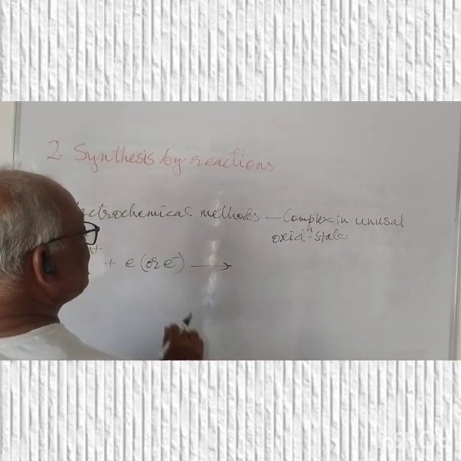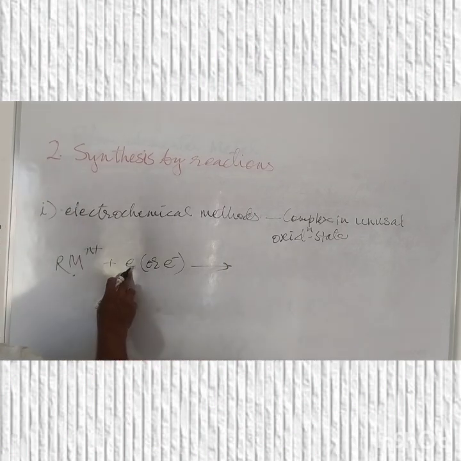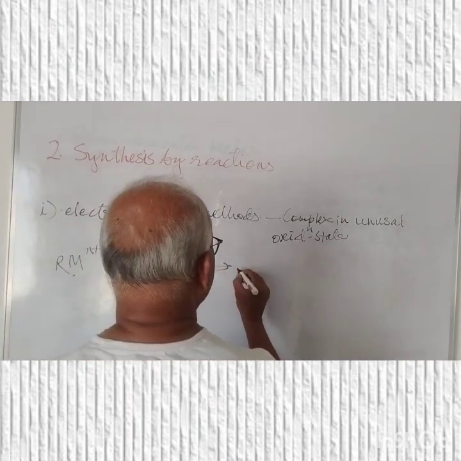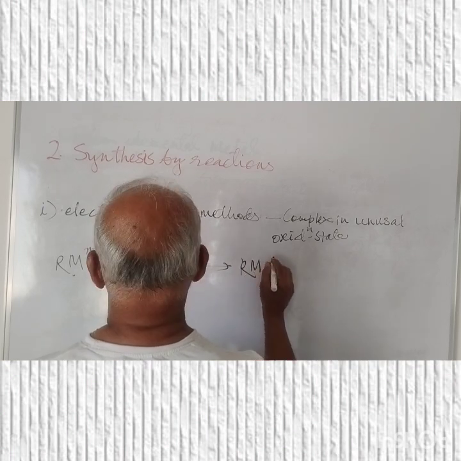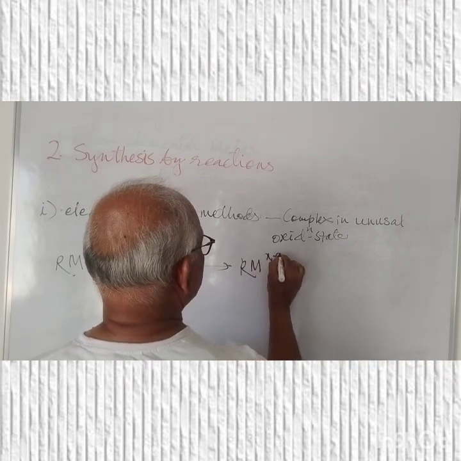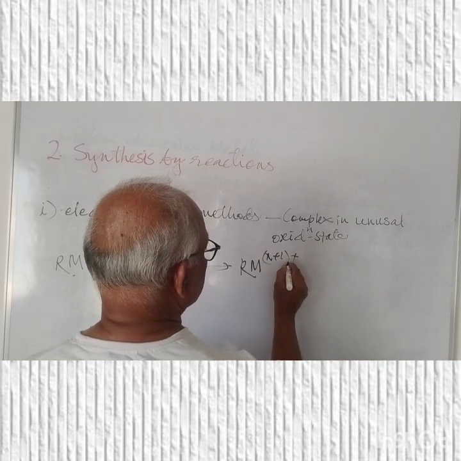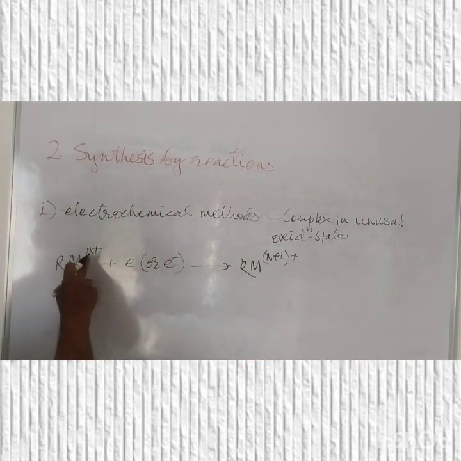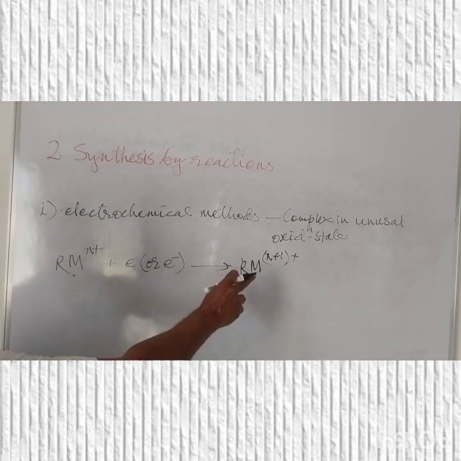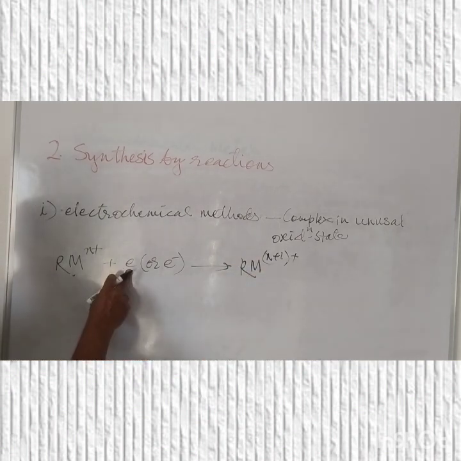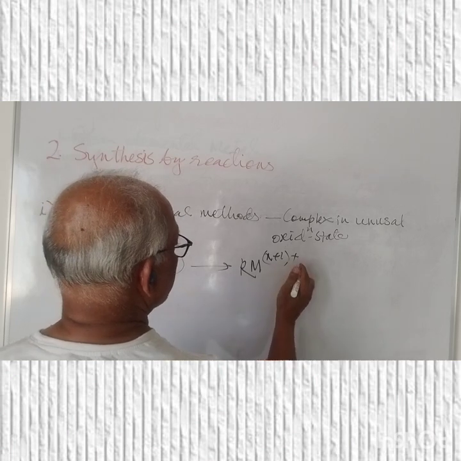So this is an electrochemical process. If we add this electron to this metal, we can obtain Rm with N plus 1 charge. The charge on the metal will be this N plus, and when one positive charge is added to the metal, it will give N plus 1 charge.